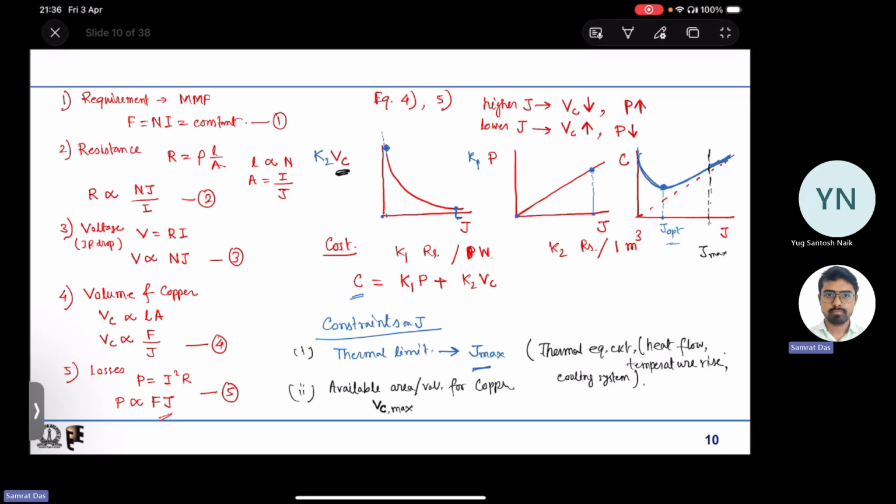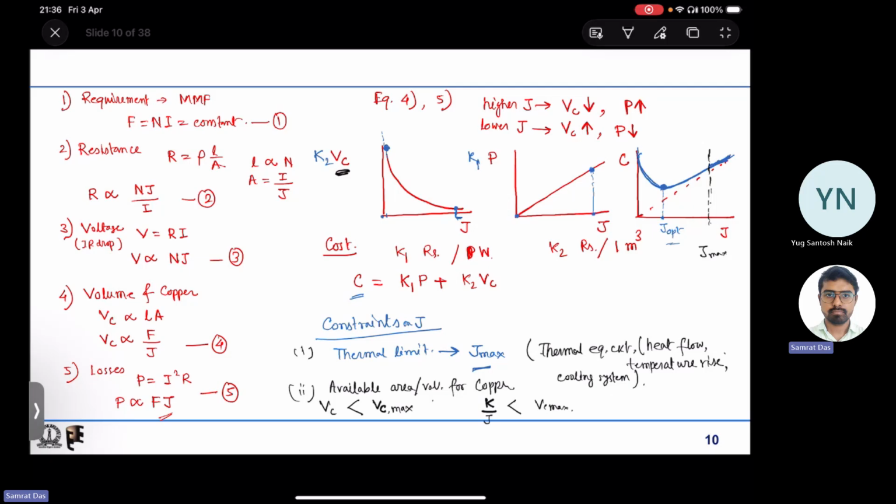So VC max is already fixed, and the actual VC has to be always lower than your VC max. And what is actual VC? That is some constant multiplied by F by J. So VC is basically some constant, say K, by J, that has to be lower than VC max.